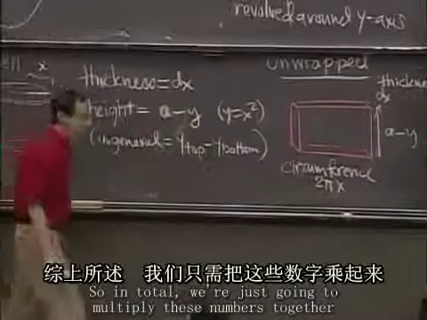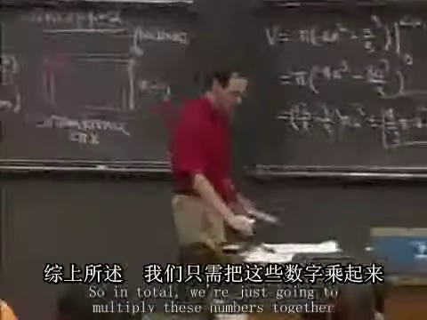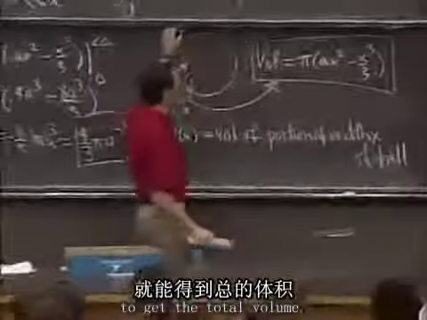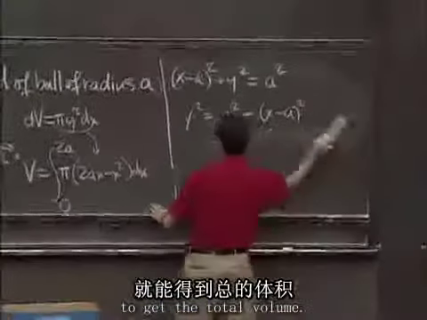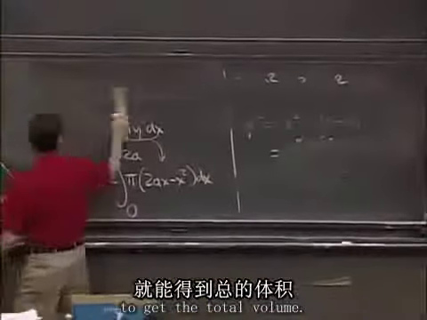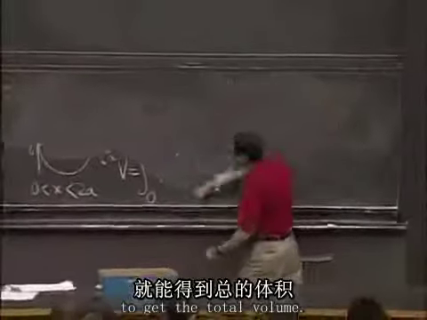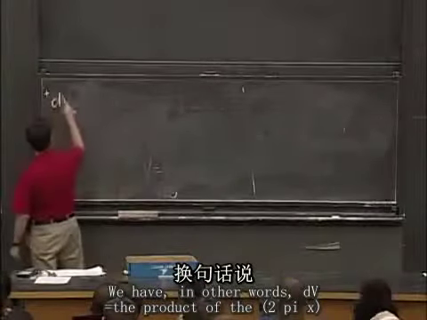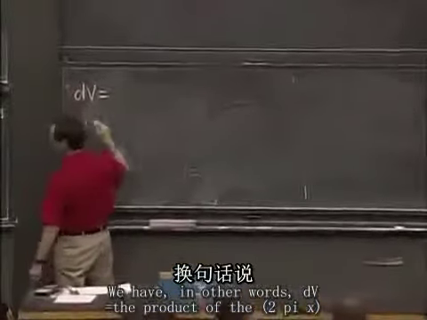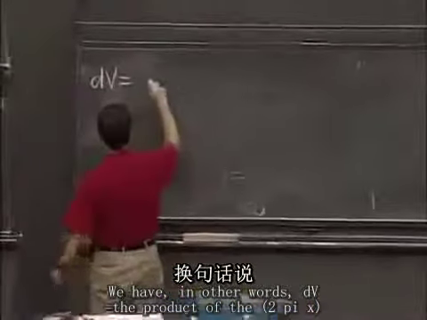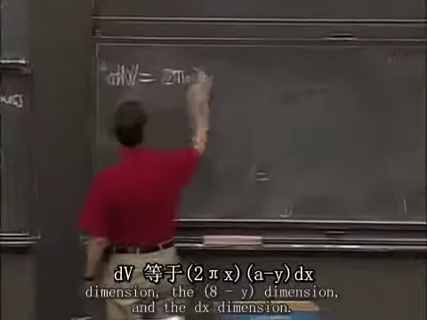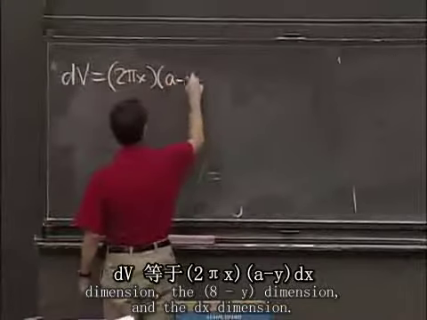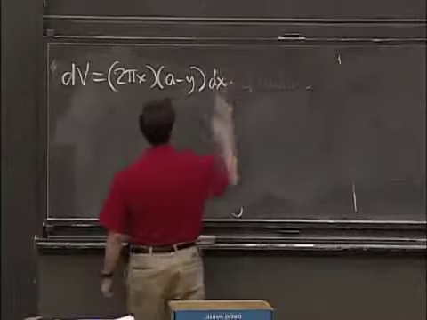All right, so in total, we're just going to multiply these numbers together to get the total volume. We have, in other words, dV is equal to the product of the 2 pi x dimension, the a minus y dimension, and the dx dimension.